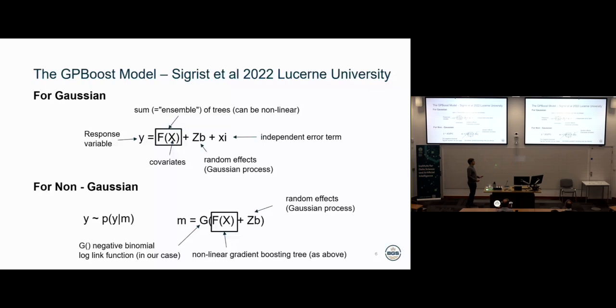That's a very recent result, so we're not completely trusting what we found. And then what you do is create a function and minimize it for both the gradient boosting tree and the theta term from the random effects or Gaussian process.